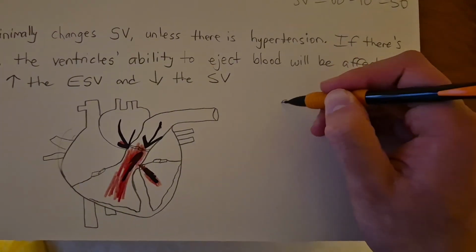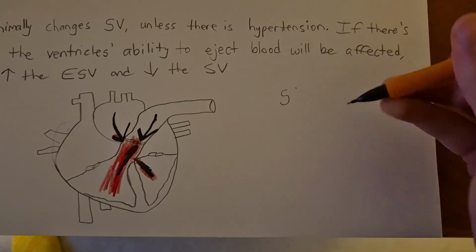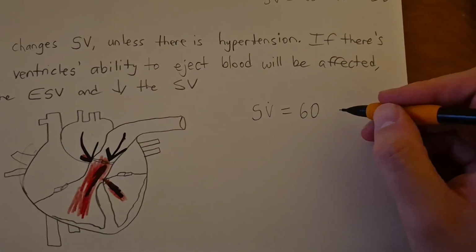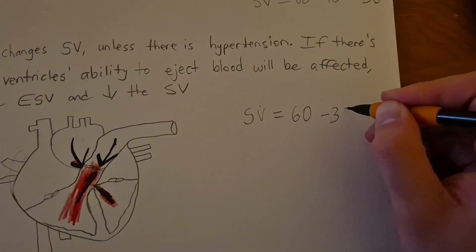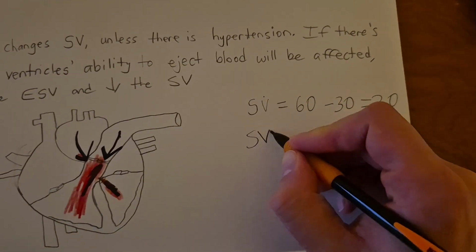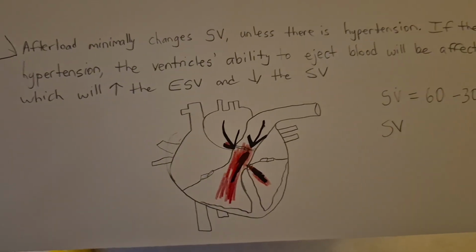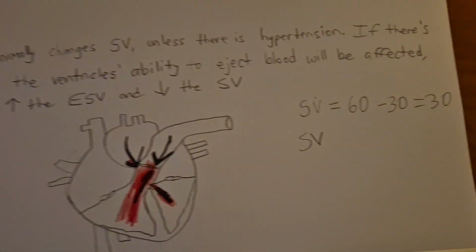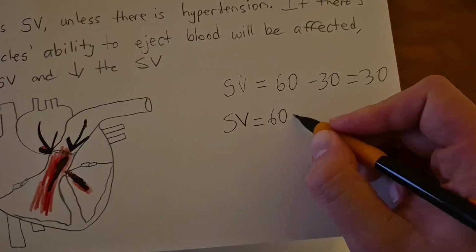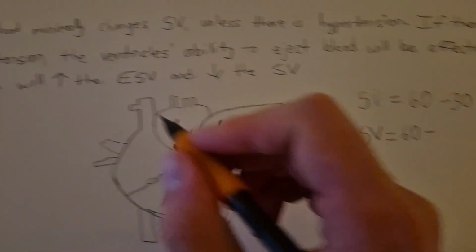So for example, let's go back to our example. So here's our homeostatic EDV, and here's our homeostatic ESV. So that's 30. Now let's say because of the afterload impacts, because of hypertension, that'll be the same, and we now have the ESV increased.